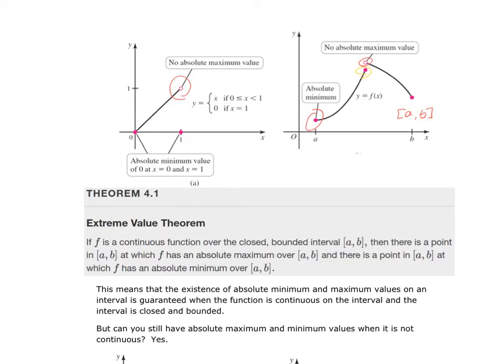So I have a place in which my y values start at the bottom and stop at the top. So if it is closed, if it is continuous, and it is bounded, I am guaranteed a maxima and a minima.